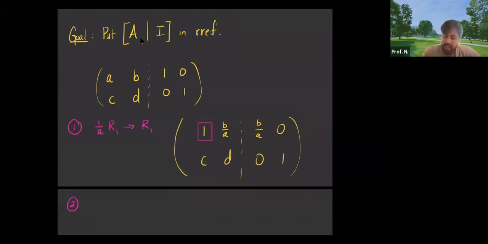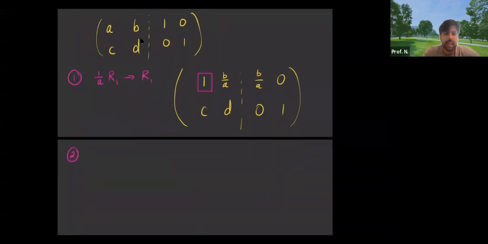I want to clear out that C. I want to make this a 0. So then what would I have to multiply to this, so that when I add it to this, it gets me 0? Negative C, right? So I do negative C, row 1, plus row 2, and that becomes a new row.